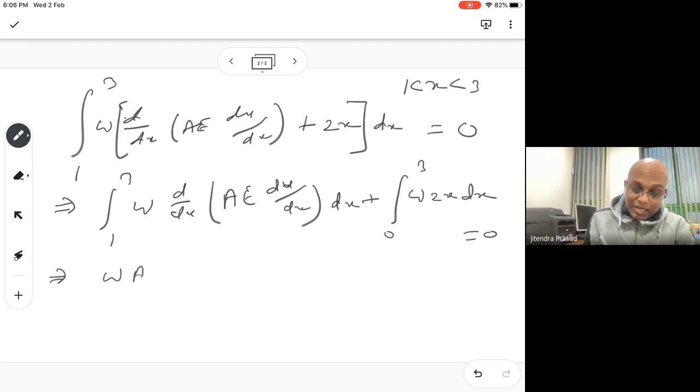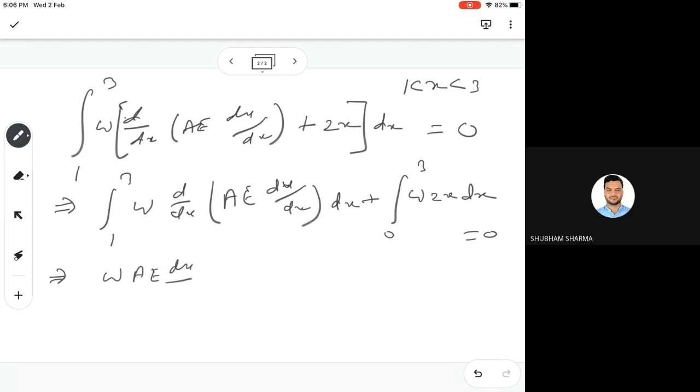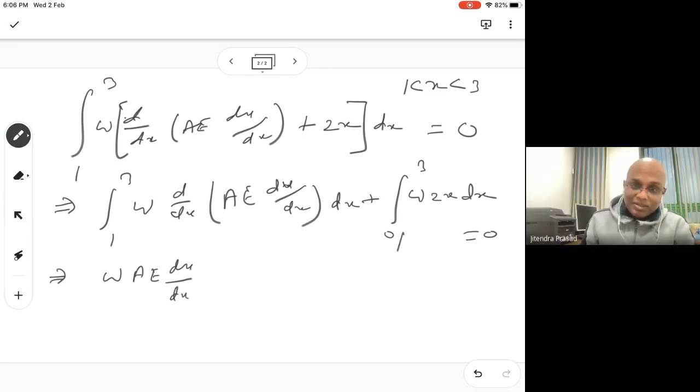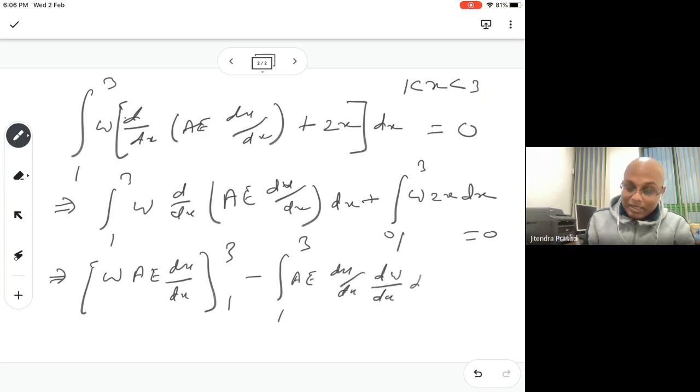So you get w A E du over dx, evaluated from 1 to 3, minus the integral from 1 to 3 of A E du over dx dw over dx, and then of course the last one, integral from 1 to 3 of w times 2x dx, will be equal to 0. Sorry, I have made a habit of using 0 to L, so the limits should be 1 to 3 only. Whatever the domain is, it should always be that.